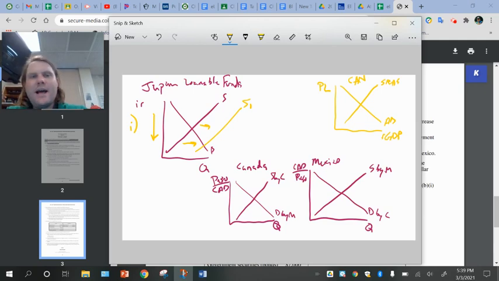Now it asks us what happens to the employment level in Japan due to this. We can go over here, and I'll cross Japan off. We know that when interest rates go down and we're demanding more, so our quantity is increasing in this case, that's going to cause our aggregate demand to increase, go this way.